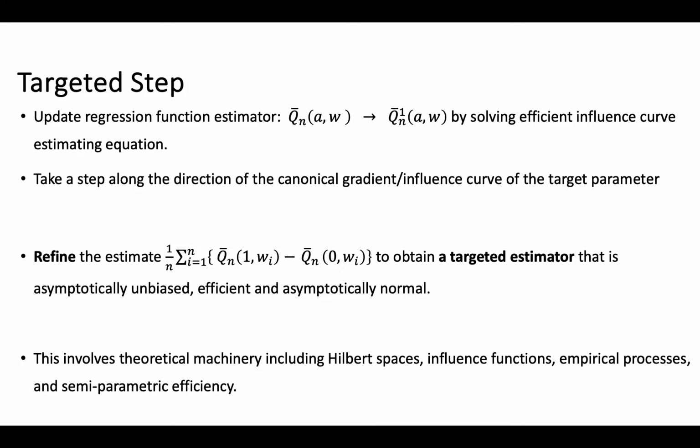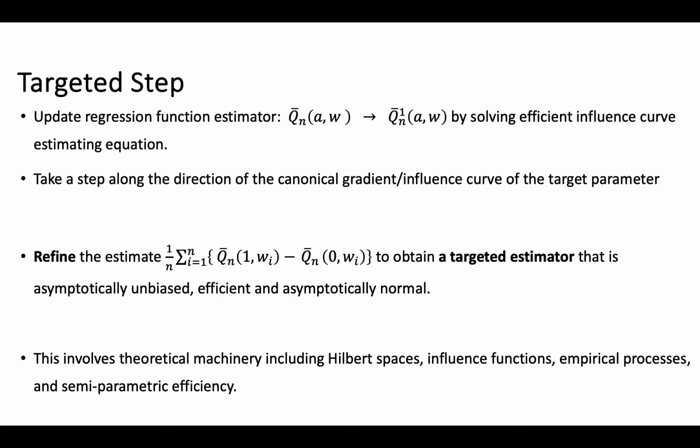So we're going to update our initial regression estimator into a new targeted version that solves an influence curve estimating equation. Essentially, we have that high dimensional model, all possible distributions from which our data could have been generated, and we're going to find essentially a one dimensional direction in which we look at our parameter of interest, the average treatment effect, and how that parameter changes as the distribution changes.